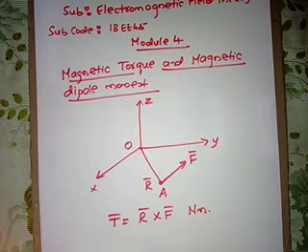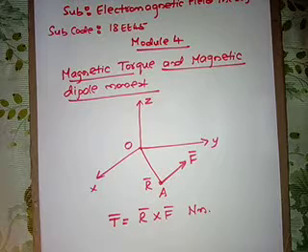Fine. So consider the point A in which force F bar is applied. The torque T bar is nothing but the vector product of r bar and F bar.